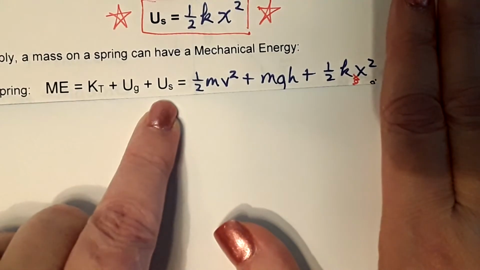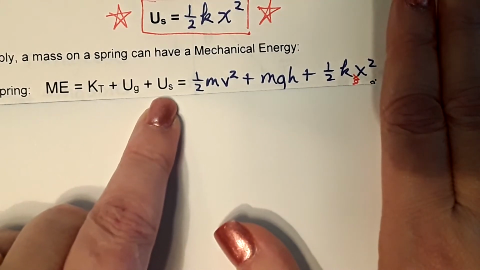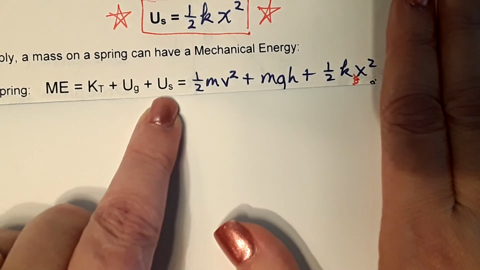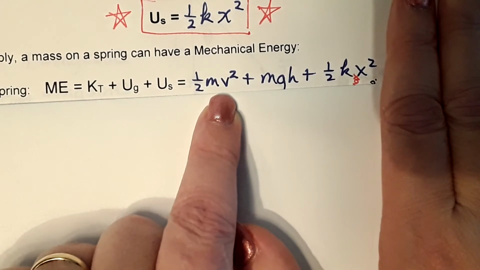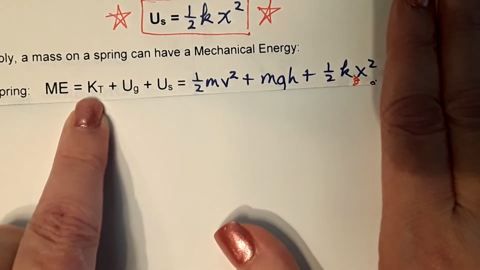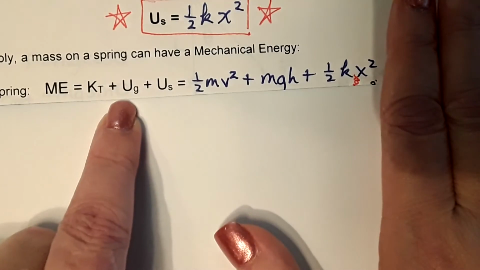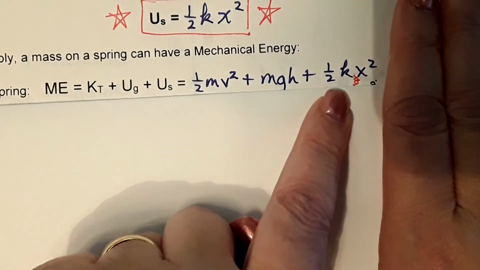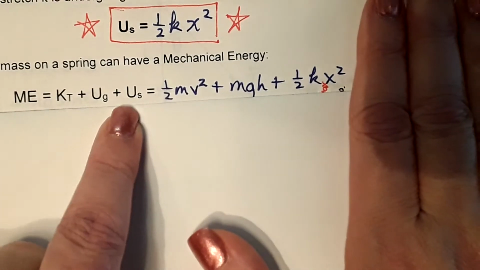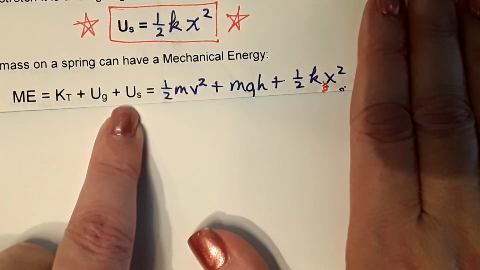Then, as the spring compresses and stretches alternately, you can also have elastic potential energy. So you have 1/2 mv squared for the translational kinetic energy, mgh for the gravitational potential energy, and 1/2 kx squared for the elastic potential energy.